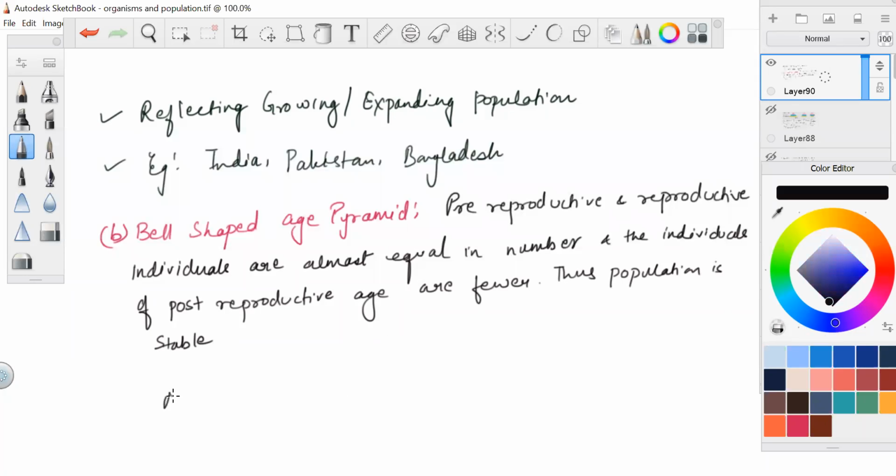A bell-shaped age pyramid reflects a stable, mature population. Example, Germany.